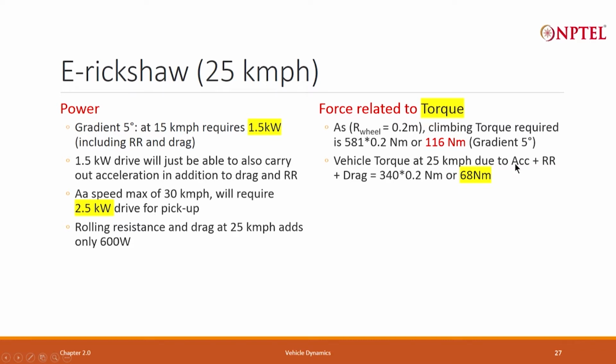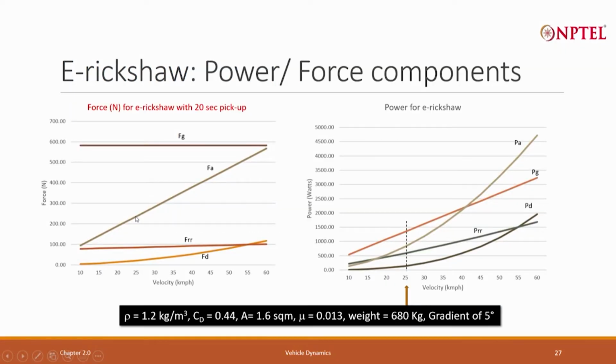if I take all the three into account, acceleration plus rolling resistance plus drag, is a slightly better value. If I combine all the three at 25 kilometer per hour, it is about 225 or 230 newtons, plus about 100 newtons, plus about 20-30 newtons.